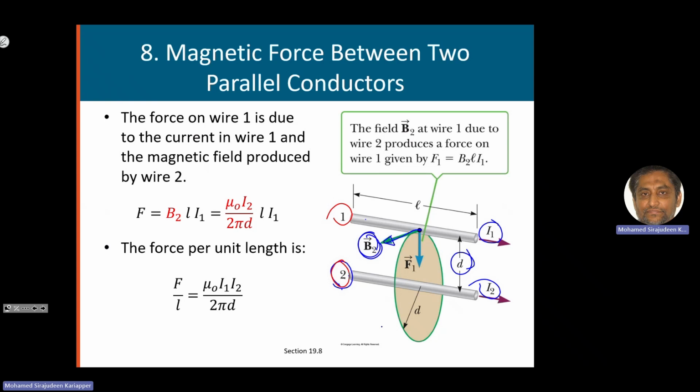So wire number 1 is carrying a current in that direction, and perpendicular to that, out of the board, there will be a magnetic field acting on the wire.